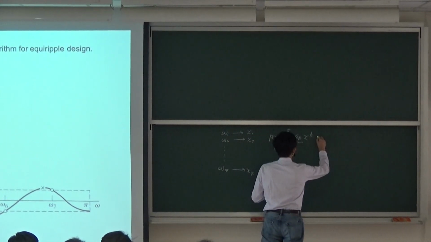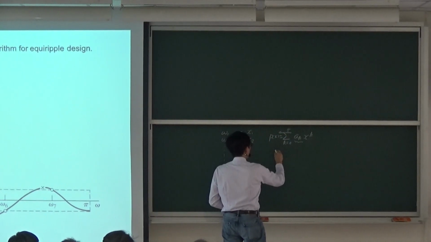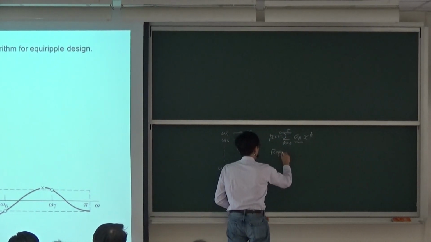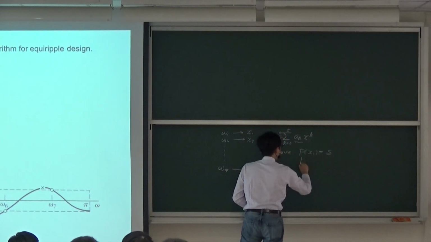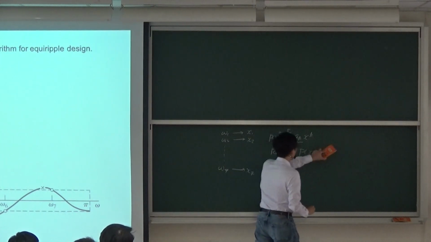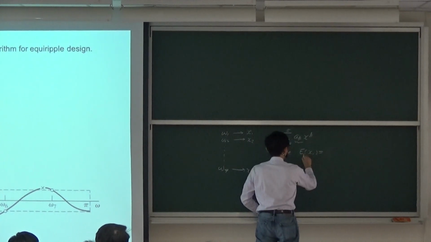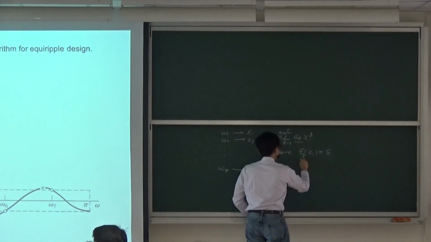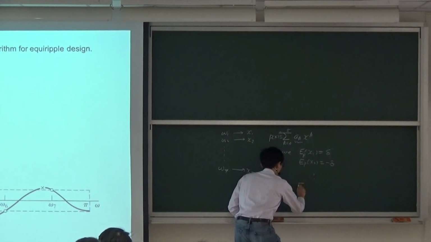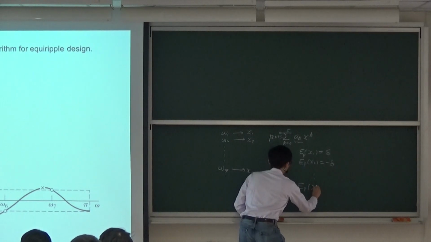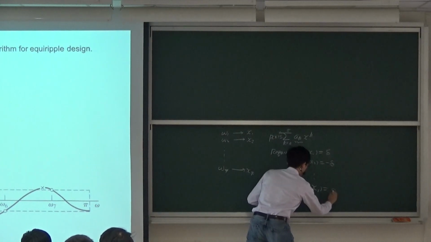So if we define the polynomial as such, we require E of x1 to be delta, and E of x2 to be minus delta, and so on and so forth, and E of x7 should be plus delta again.